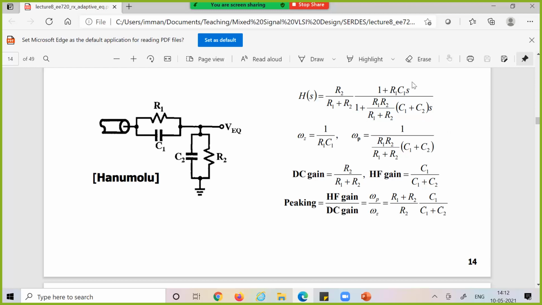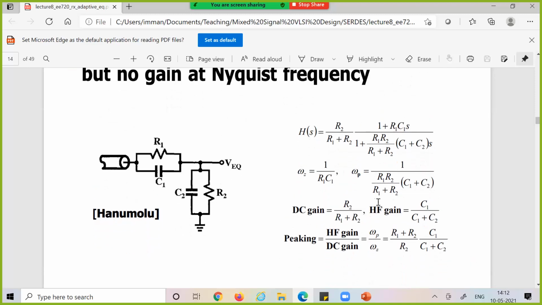Now, if you look at the high frequency behavior, you can see that there is a 0. Where is the 0? It is located at minus 1 by R1 C1. So this R1 C1 contributes to your 0. And then you also have a pole. Where is the pole located? The parallel combination of the R and the sum of the two capacitors. So how does it look?